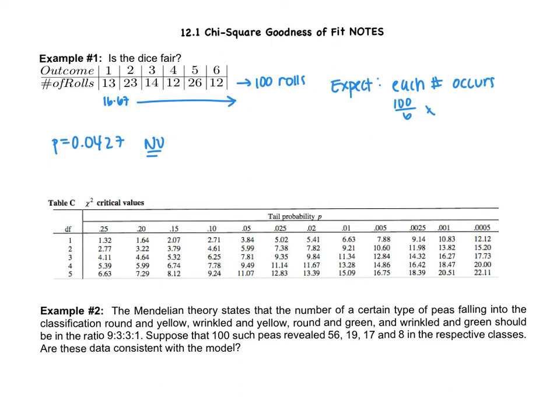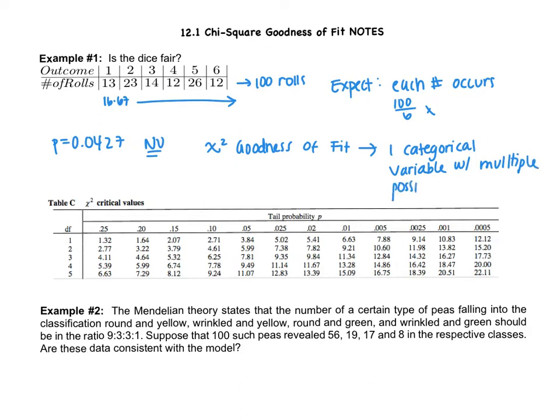What I want you to recognize, like I said, this is called a chi-square goodness of fit test. Here's how you recognize this test. You have one categorical variable with multiple possible outcomes.